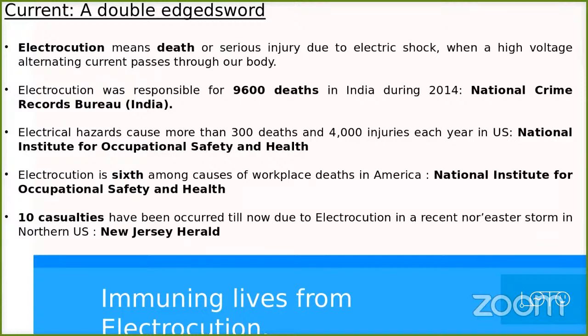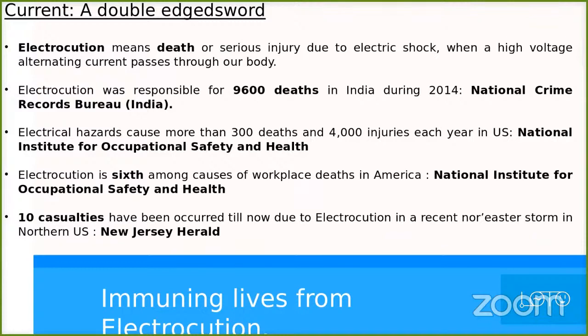And electrical hazards cause more than 300 deaths and 4,000 injuries each year in the US, according to the National Institute for Occupational Safety and Health. And electrocution is sixth among causes of workplace death in America. So it's ranked sixth in terms of the number of deaths happening in workplaces.